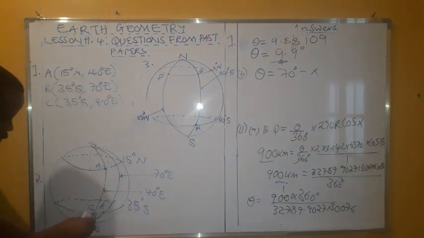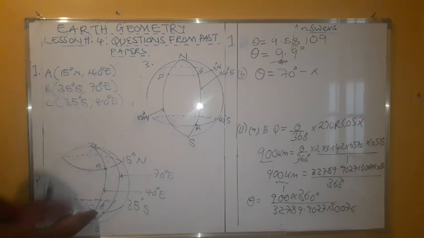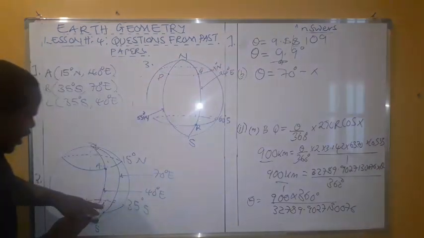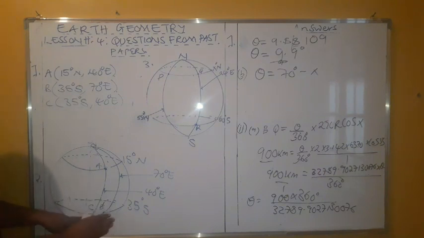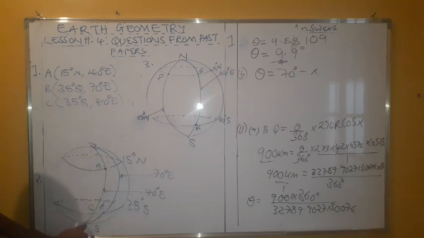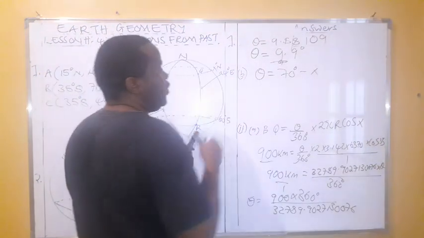This is what I'm trying to explain. Because this point Q is on the western part of B, in terms of degrees, the degree for Q should be less than the degree for B. And how do you find the difference in longitude in that case? You say the bigger one minus the smaller one. So supposing that the longitude for Q is somewhere here, then to find the difference in longitude we say the longitude for B, which is 70, minus this one which we don't know, we can call it X. So what is the difference in longitude, which is theta here?